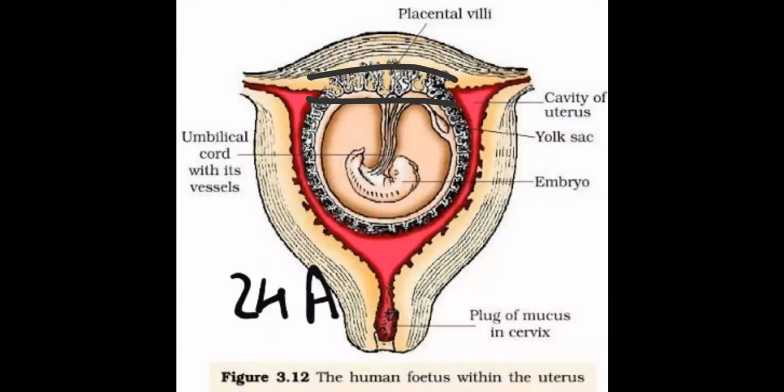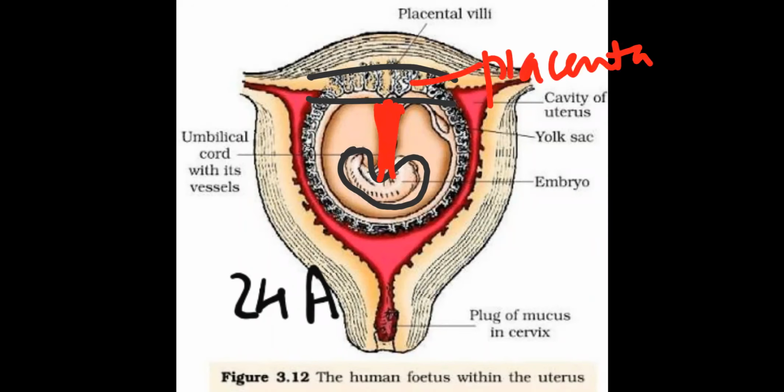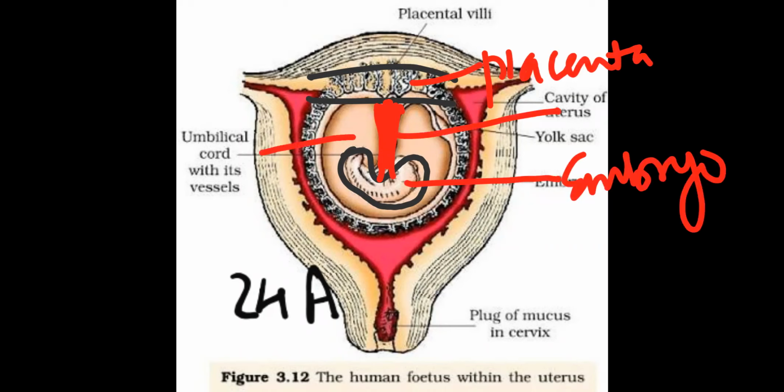But the developing embryo is getting away from the placenta. So it becomes necessary to develop a connection between the placenta part and the embryo that is moving away. And this connection is called umbilical cord.